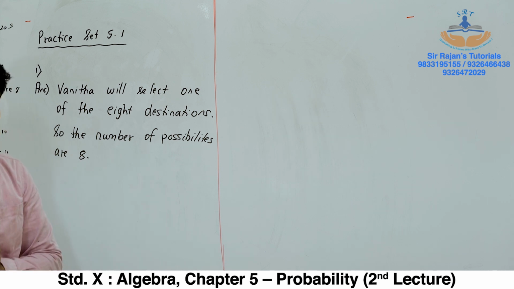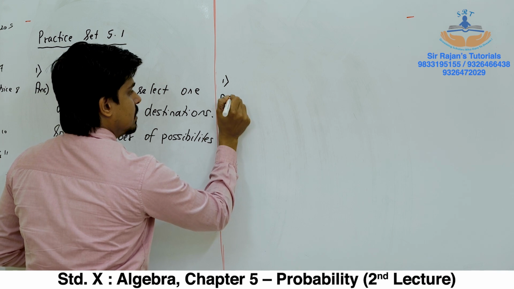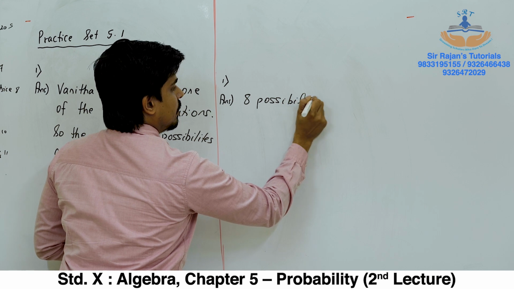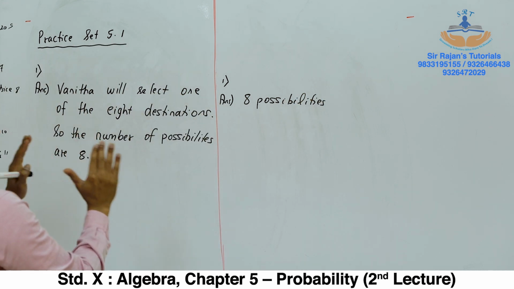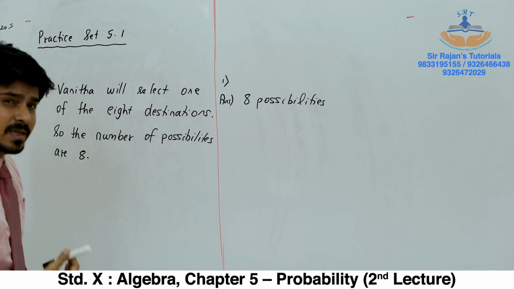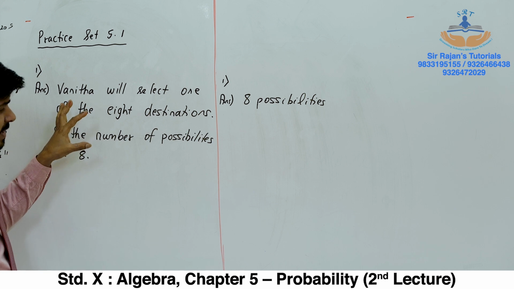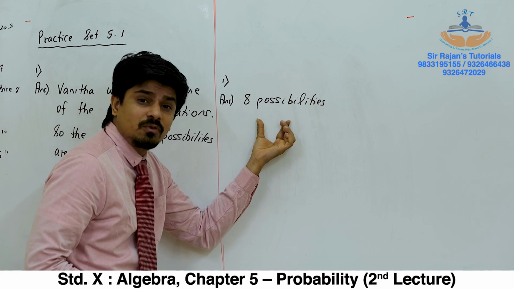Now what many students do, you know? Once they read the question, they will write 8 possibilities. Now if you are correcting the paper, what looks more appealing? It is very obvious that if the answer is written in a proper statement form, it is much better compared to writing only the final answer.